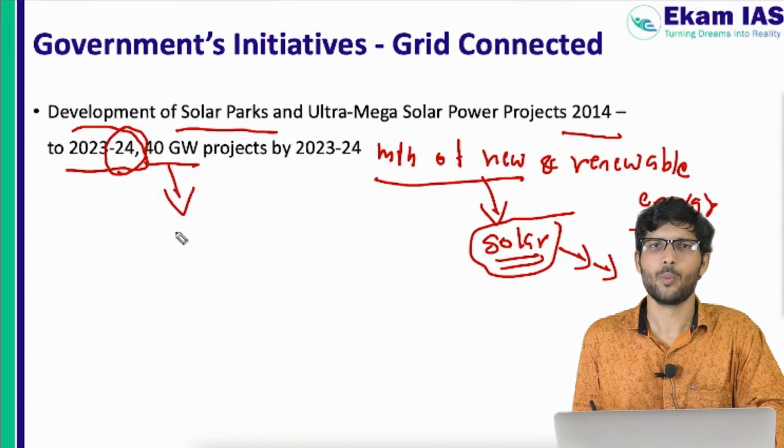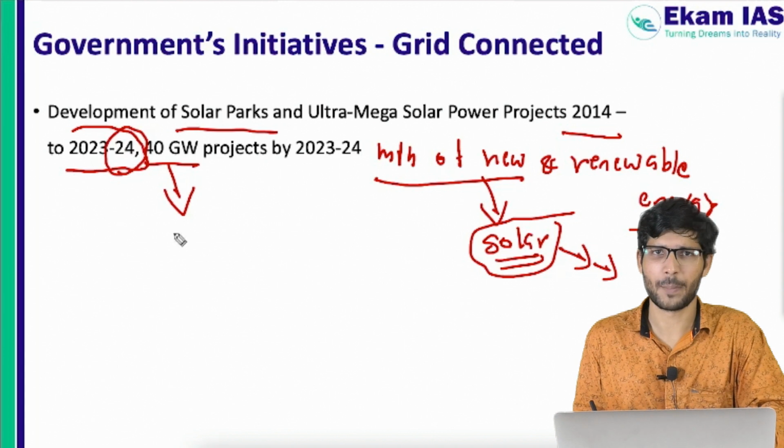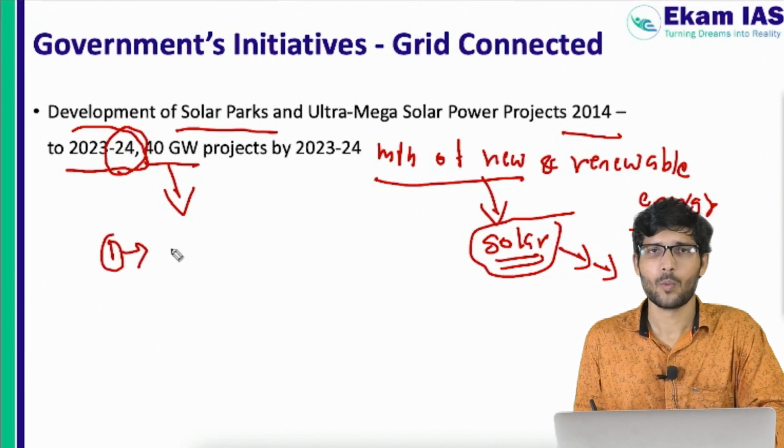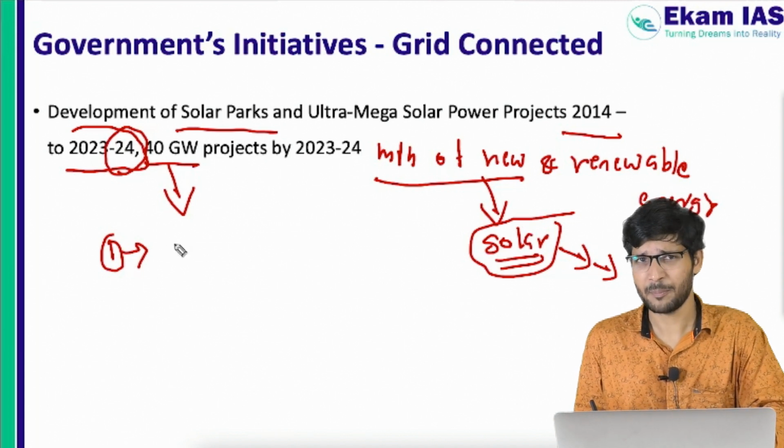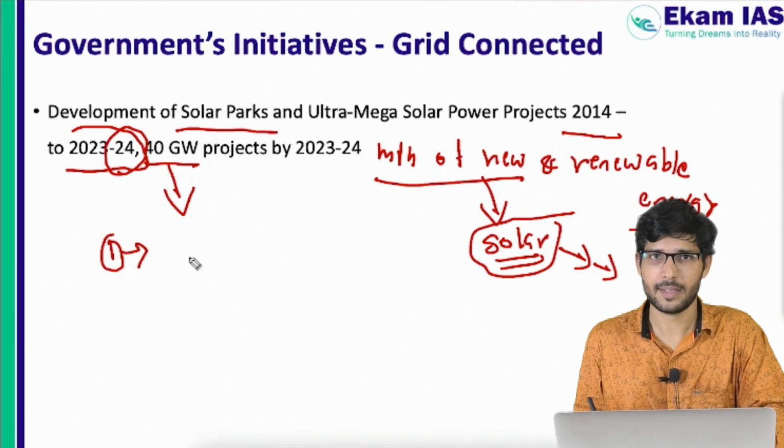So why did the government introduce this solar park scheme? There are some reasons. One reason is the high cost of individual power projects. Solar power plant developers have to produce on an individual basis, which costs much more.